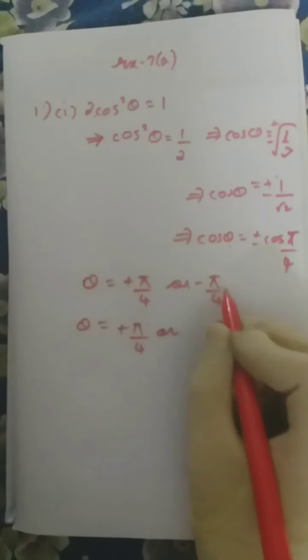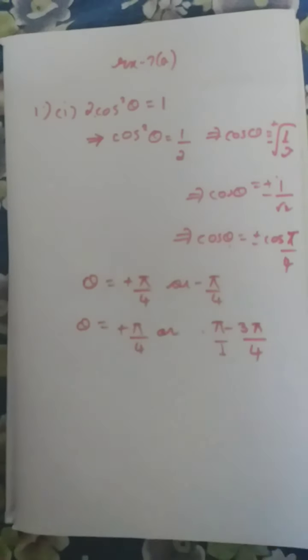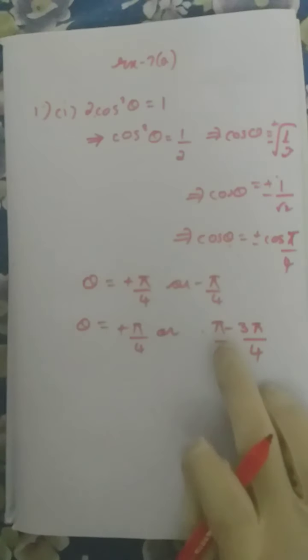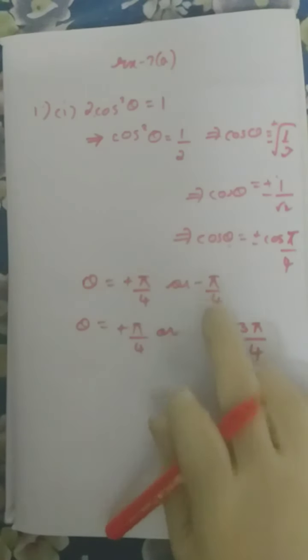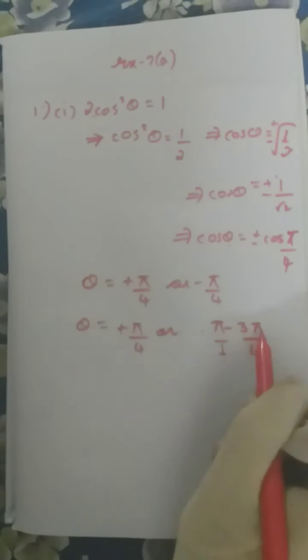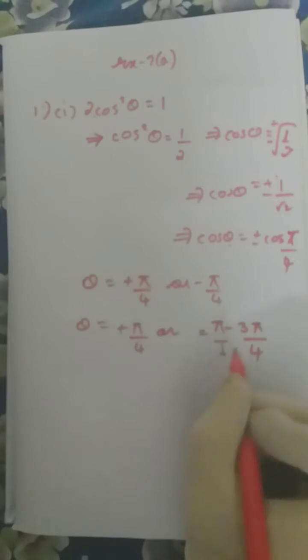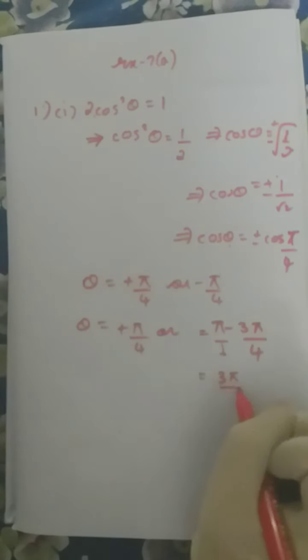So we can write minus pi by 4 as pi minus 3 pi by 4. Because we have cos of minus theta is also plus cos theta. So cos of this minus pi by 4 will be plus cos of 3 pi by 4. So what is this angle? We can say it is plus 3 pi by 4.